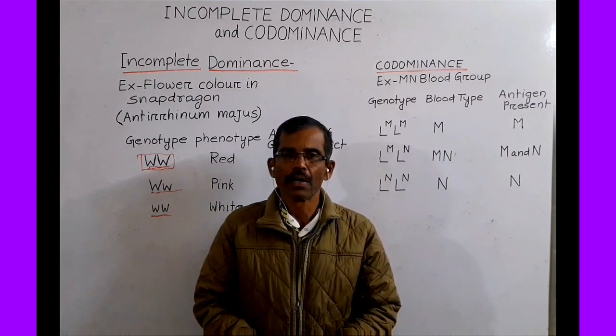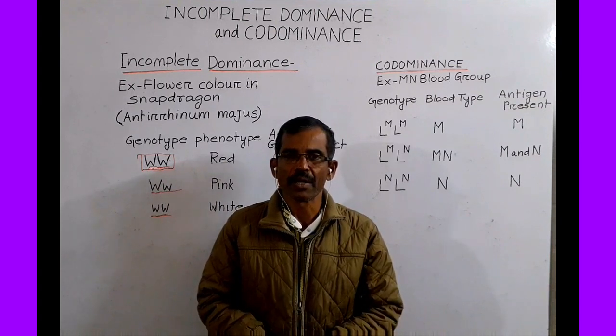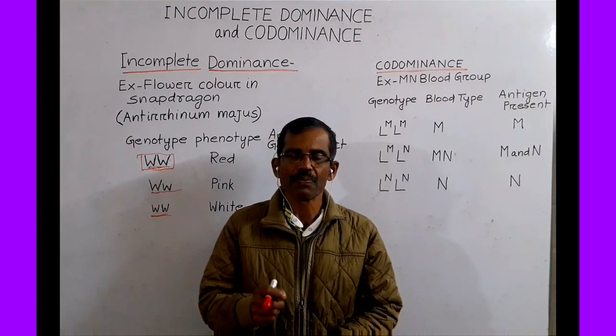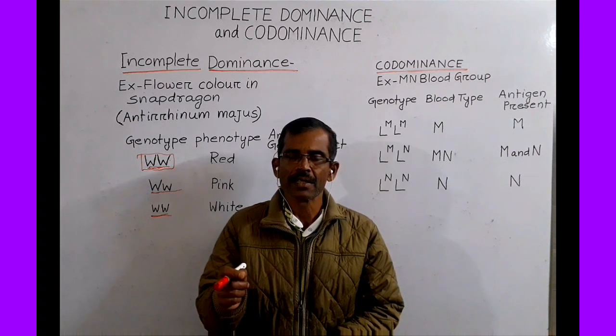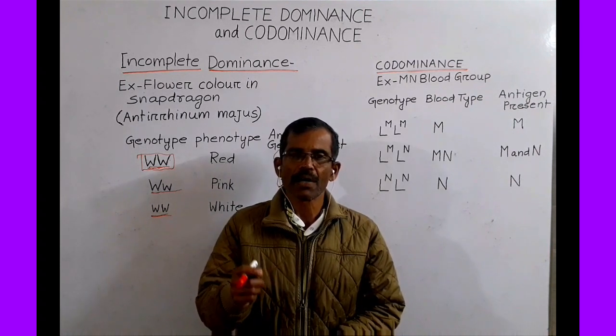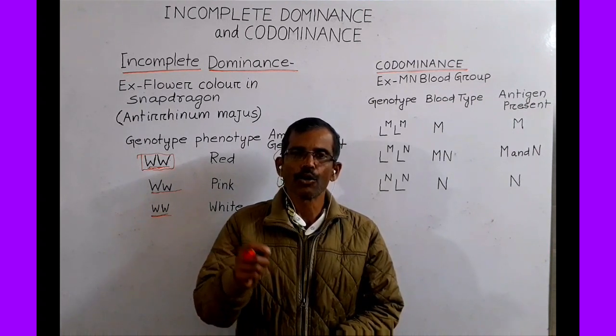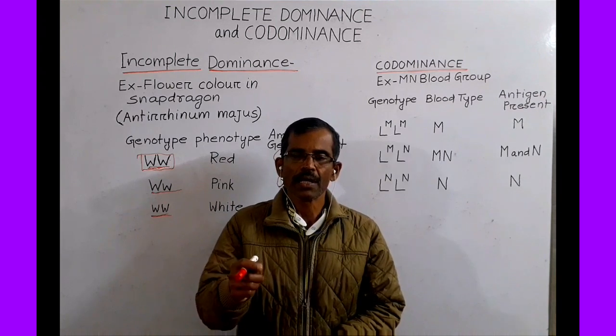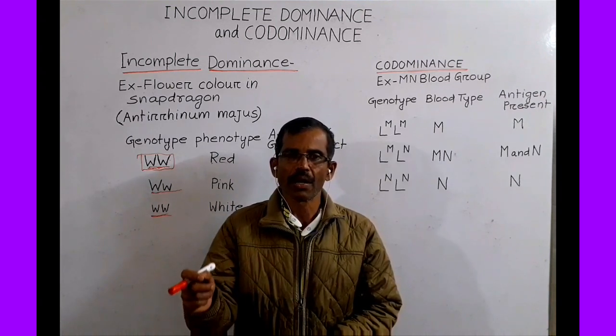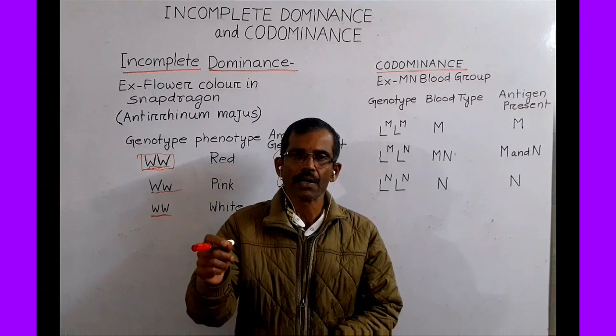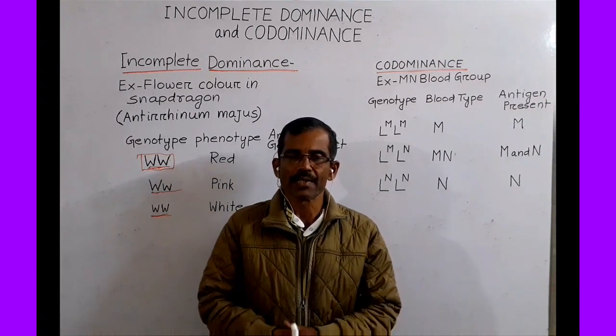For example, in the ABO blood group system, the allele that specifies A antigen and the allele that specifies B antigen are codominant because in a heterozygous individual, allele A and allele B are equally expressed.